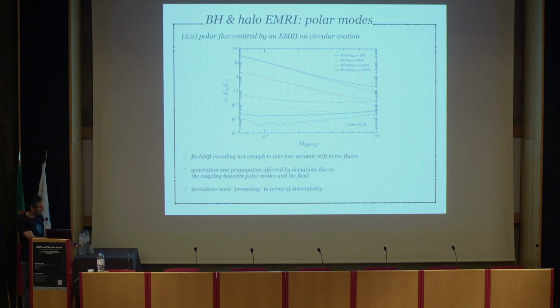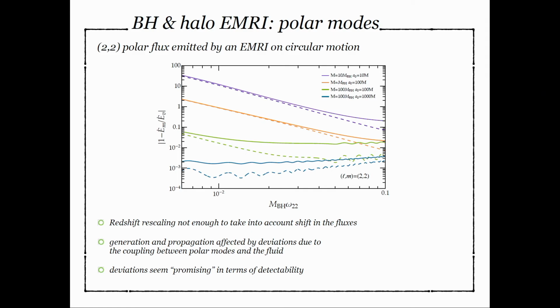Well, there is something else, because this is the usual plot with the relative difference, but now not of the axial fluxes, but of the polar 2-2 mode, which, by the way, in any case is the dominant component in the gravitational wave dynamics of asymmetric binaries. What you see here is that even if you redshift the vacuum fluxes with the same tools that we have seen before, there is a decrease, but in the majority of cases it is not enough to put down the differences, which actually remain quite high, and particular configurations can be extremely high and possibly hint at a good source of detectability.